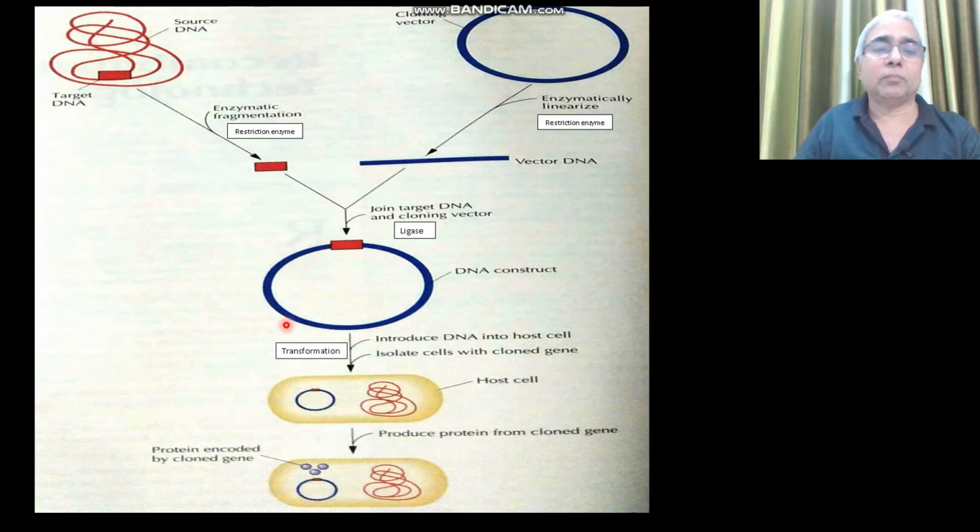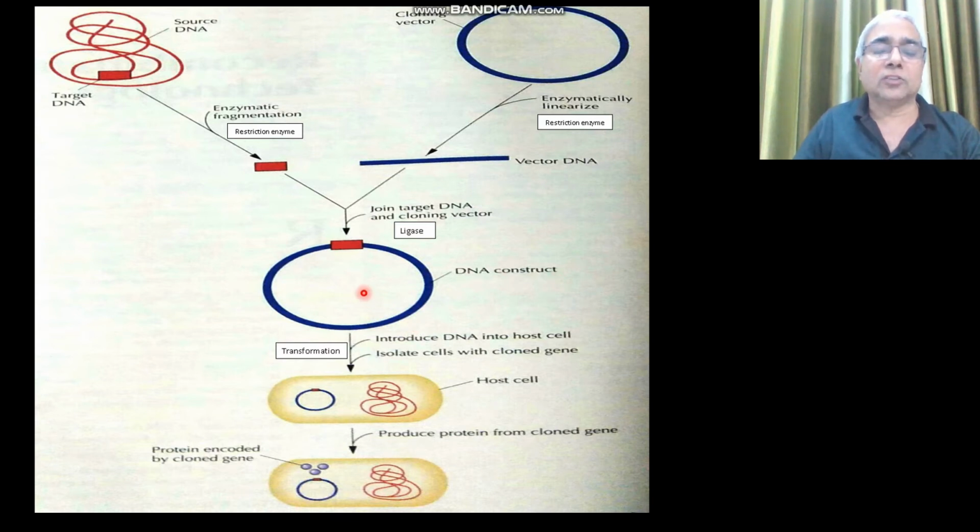The blue portion is the vector DNA molecule, or you can say plasmid molecule, and the red portion is your gene of interest which has been selected from the host genome. Now when both these two molecules are joined together with the help of an enzyme called ligase, the molecule which develops is termed as DNA construct.